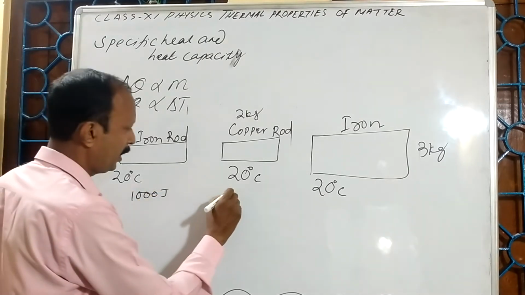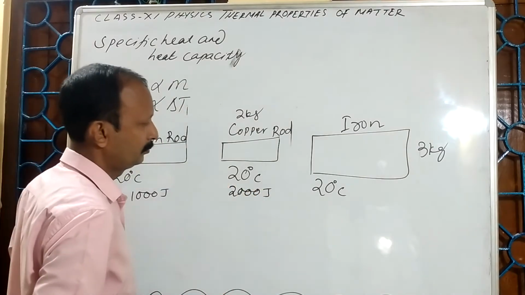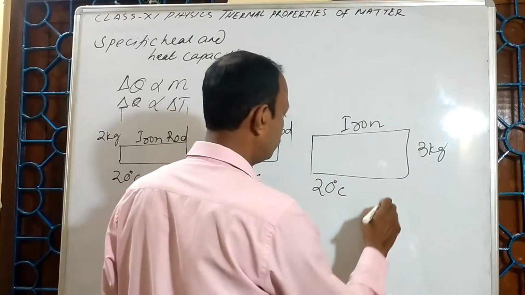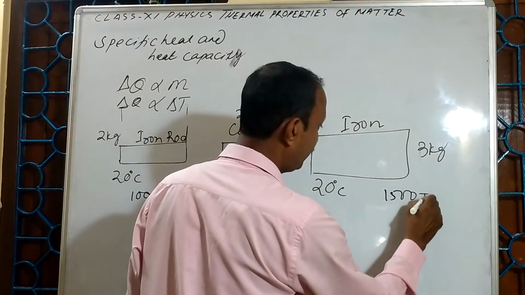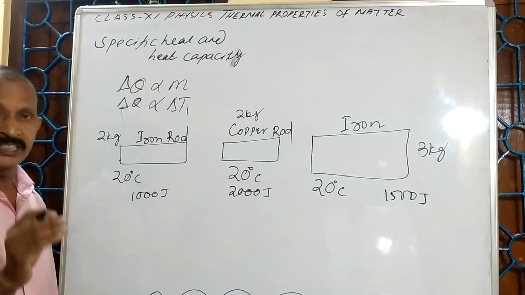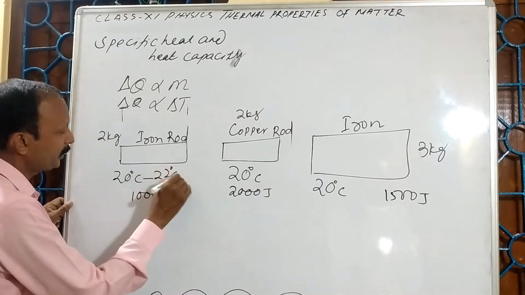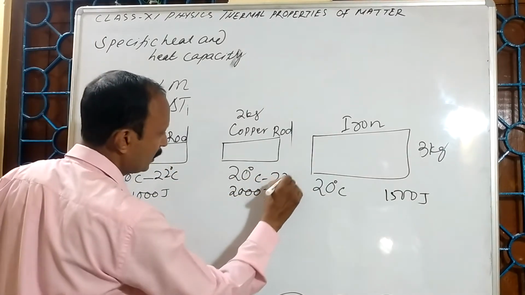Here I supplied 2000 joule. Here I supplied 1500 joule of heat to raise its temperature from 20 to 22 degree Celsius.